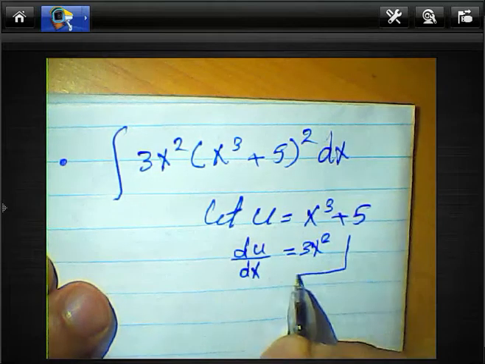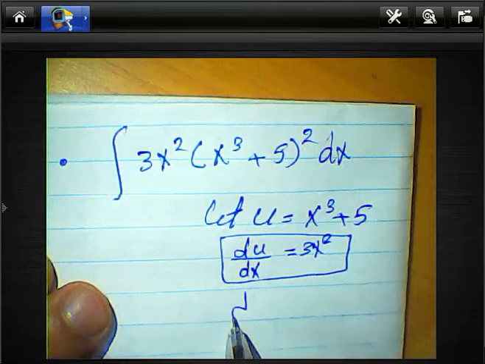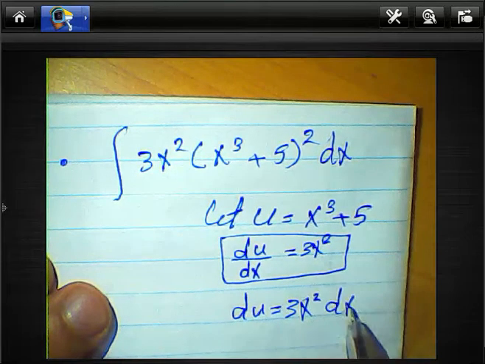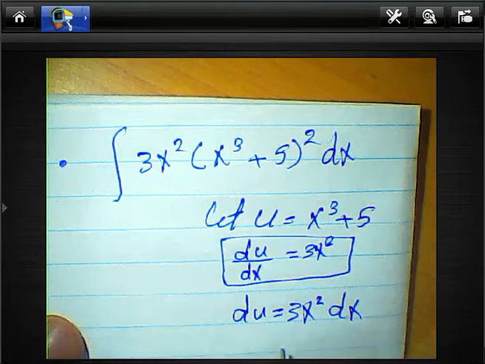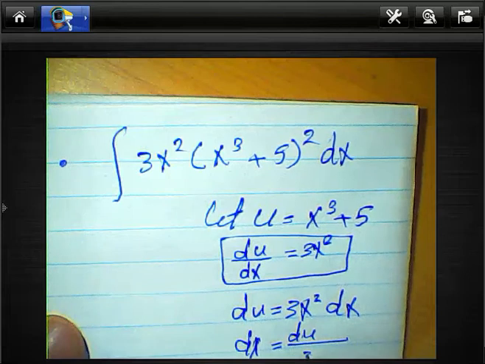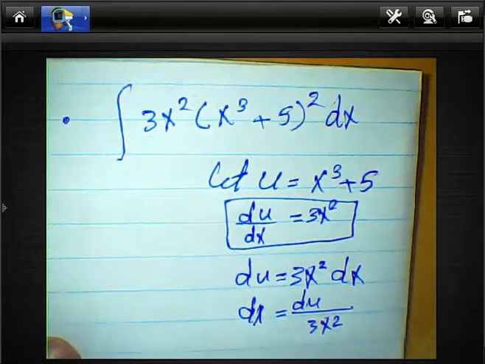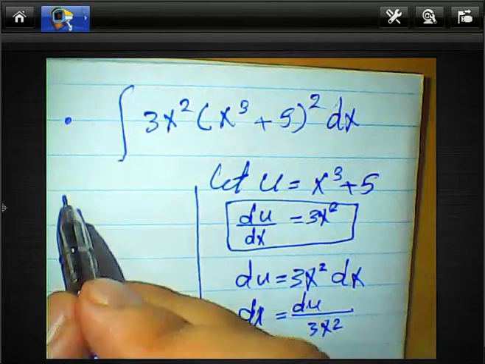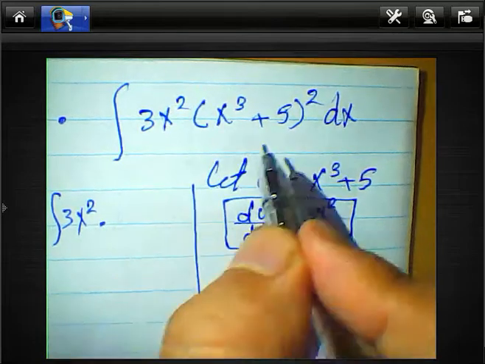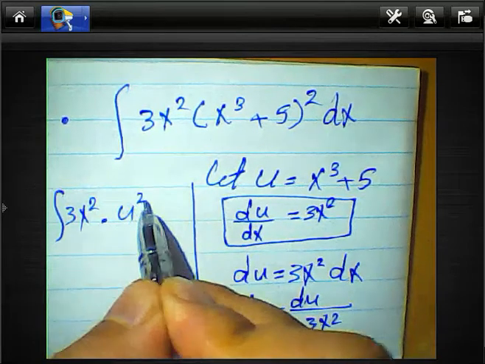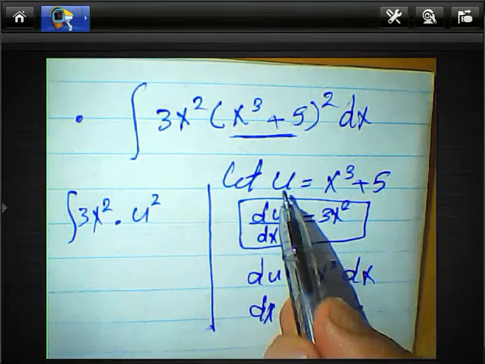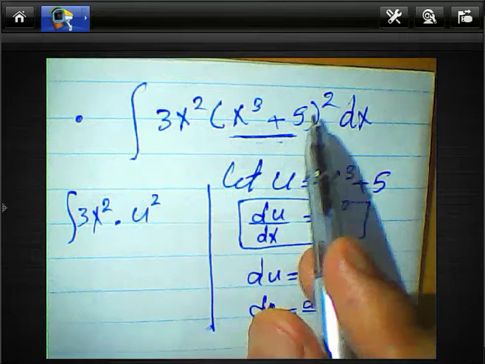So du equals 3x power 2 dx, and we can write dx equals du over 3x power 2. In this example, 3x power 2 multiplied by u power 2, because this expression we write as u, so this expression is power 2 dx.